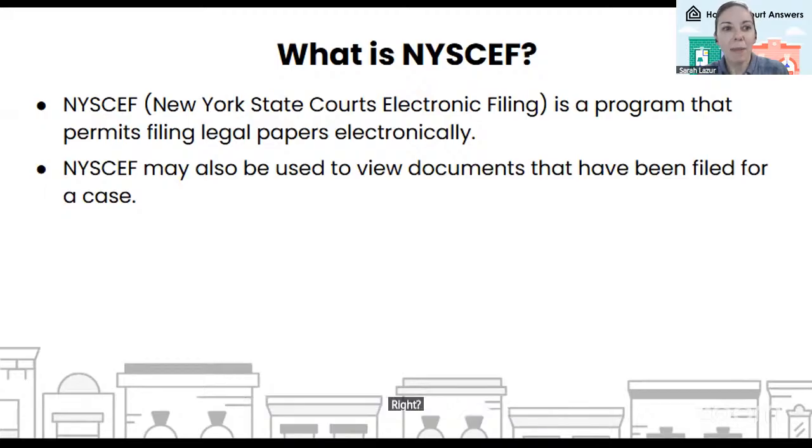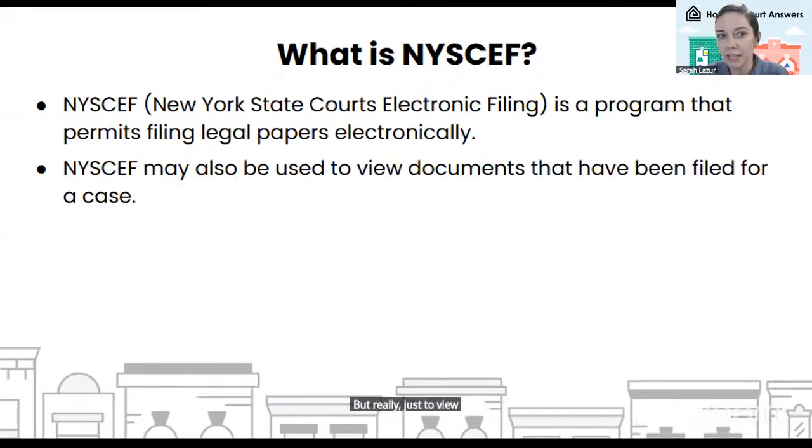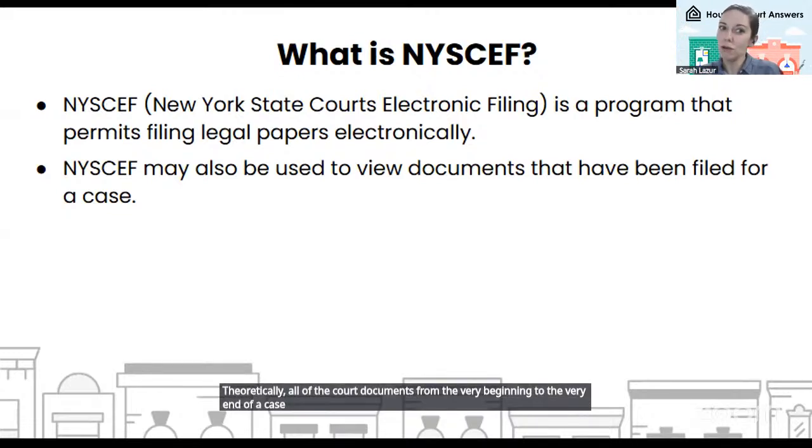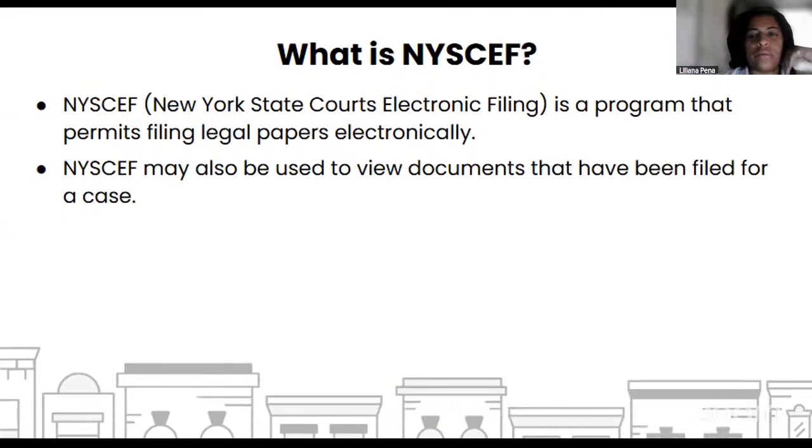And for most tenants and also us advocates, usually we're using it just to look at documents, not to do any filing ourselves, but really just to view documents. Theoretically, all of the court documents from the very beginning to the very end of a case should show up on NYSCEF if the case is on NYSCEF at all.